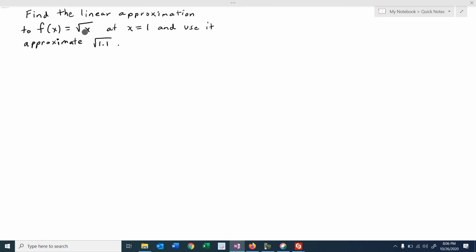Now notice the graph of this function is nonlinear. The square root of x is a nonlinear function. It actually looks like this. We're going to take this point x equals 1, and we're going to zoom in on it.